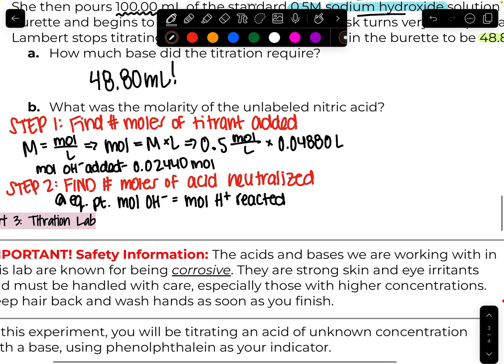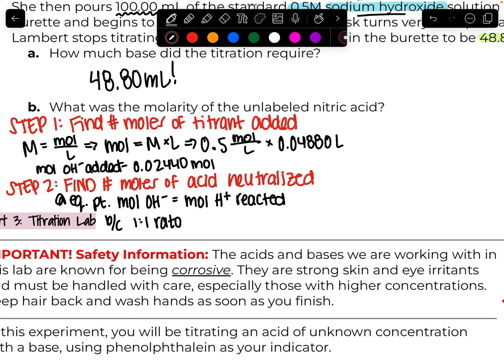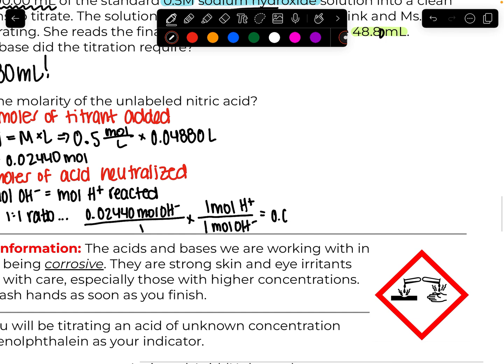So at equivalence point, moles of OH minus added are equal to moles of H plus reacted. Because of the 1-to-1 ratio, we know that 0.02440 moles of OH minus react in this mole ratio here, leading us to have the same number of moles of acid.